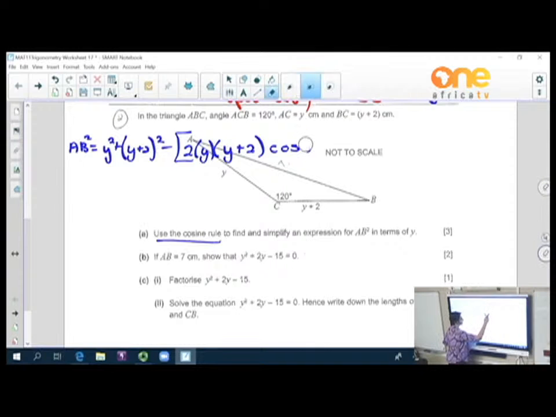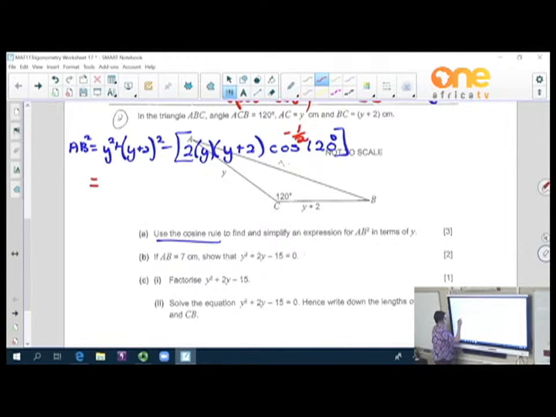Cosine 120 degrees. And calculated to get the value there, and you will see that this is then at -1/2, because that will make it much easier. I'm going to work here. This is y squared plus, remember, this means y plus 2 times y plus 2.